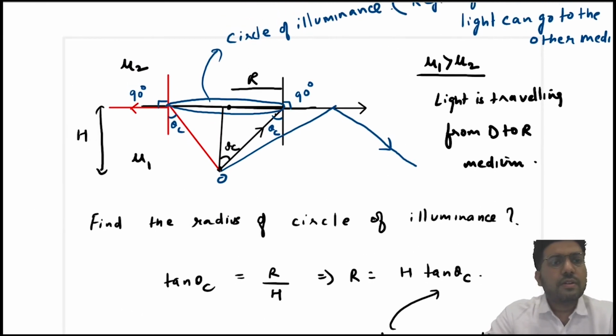Now they can also ask you what is the semi-vertex angle of the conical region formed, right? The semi-vertex angle of the conical region formed by the circle of illuminance is theta c.